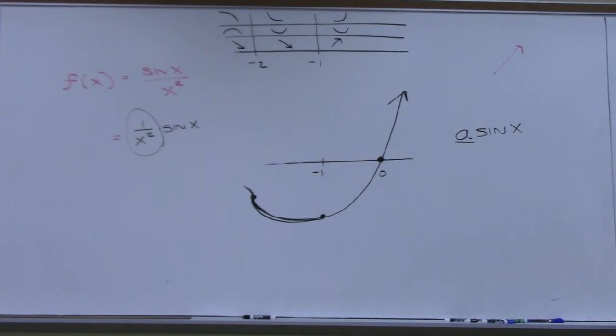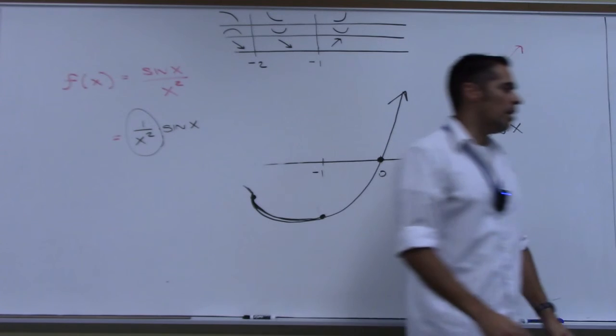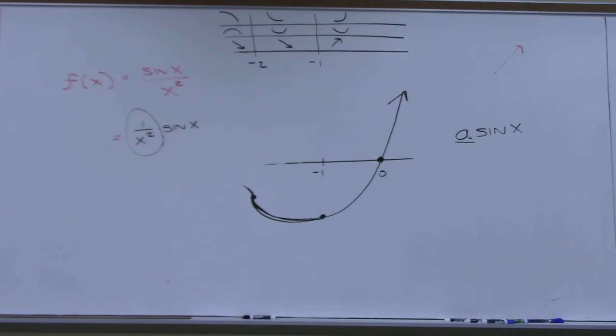But what I want to show you that I thought was cool about this is that this amplitude function, if I graph just 1 over x squared, watch. And I'm also going to graph -1.